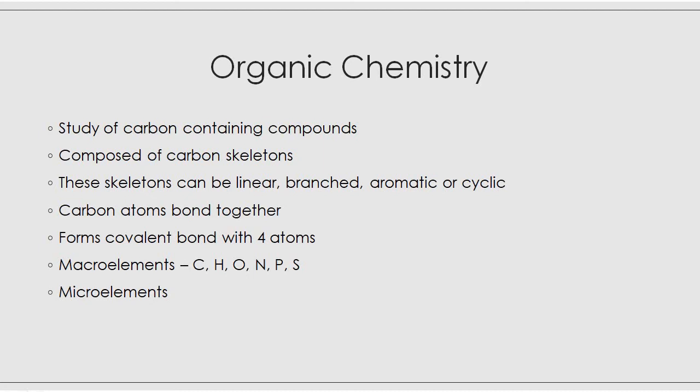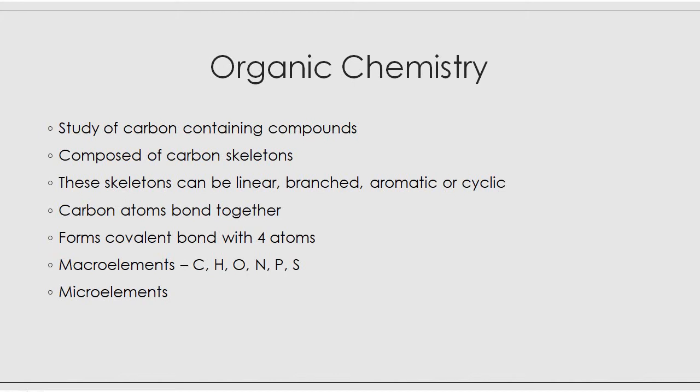This carbon skeleton could be linear, branched, aromatic or cyclic, and that defines the complexity of the molecule. If it is a very big molecule, the structure is going to be very complex. If it is a simple molecule, the structure is going to be linear, and it can be easily studied or written.